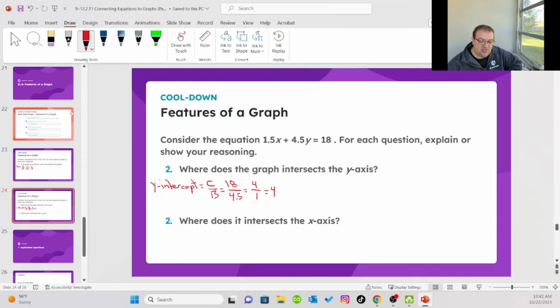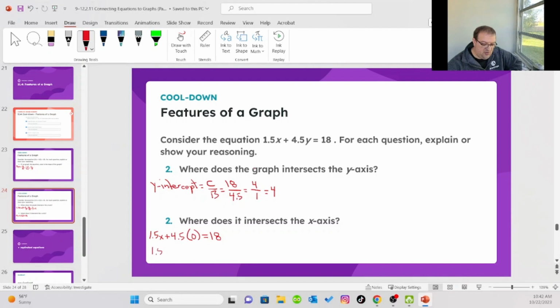Where does it intersect the x-axis? To find that, we substitute 0 in for y. We get 1.5x plus 4.5 times 0, because if I'm on the x-axis, my y value is 0. That equals 18.